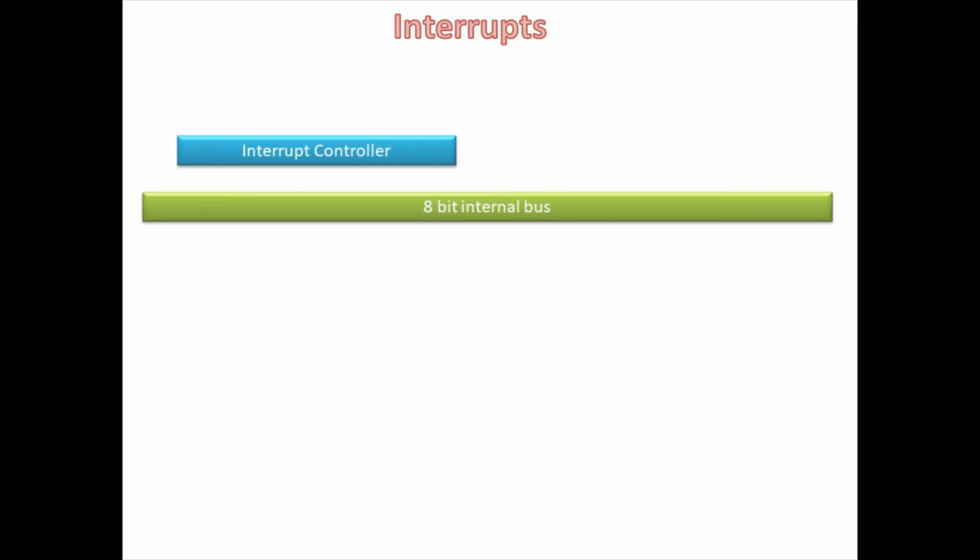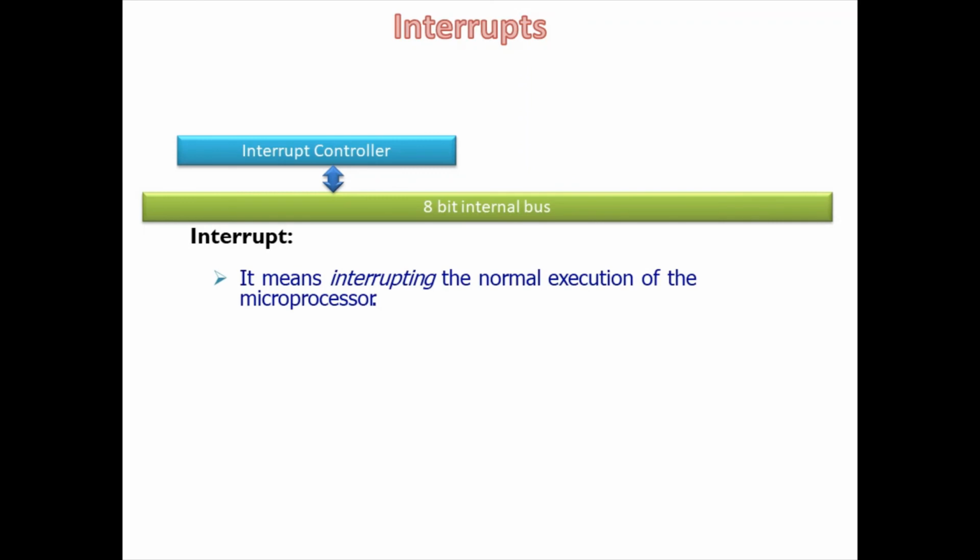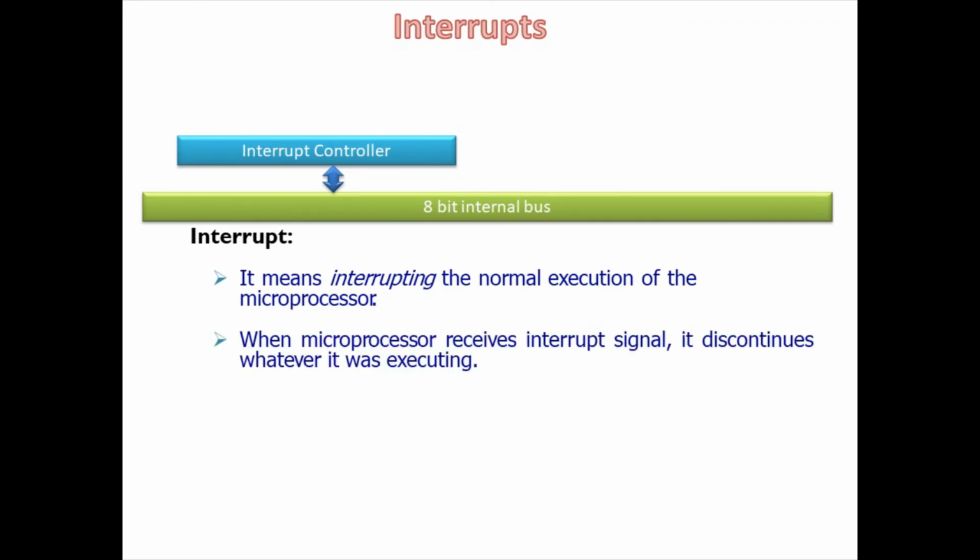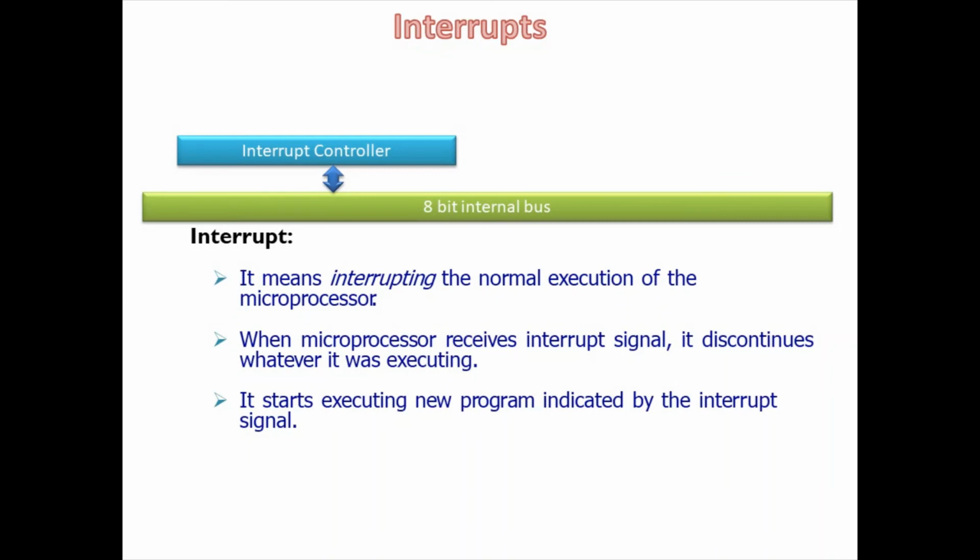Next comes interrupt. What is an interrupt? It is nothing but a disturbance. The 8085 microprocessor has a block called the interrupt controller. An interrupt means interrupting the normal execution of the microprocessor. When the microprocessor receives an interrupt signal, it discontinues whatever it was executing and starts executing a new program indicated by the interrupt signal.